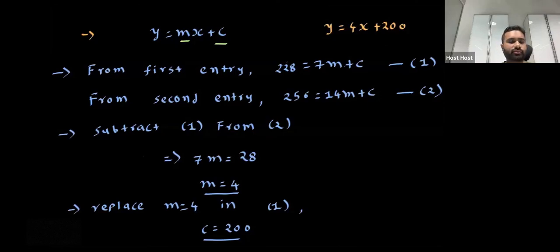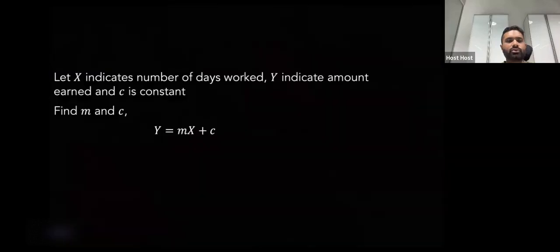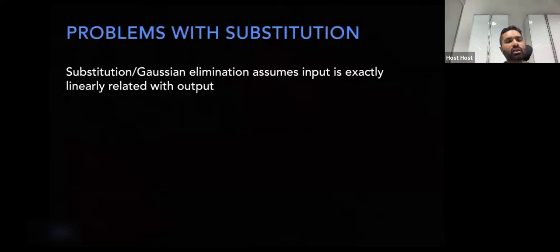The next question is, is this feasible in every case? There is a problem if we try to apply the same method, substitution or Gaussian elimination, every time. The problem is that it assumes the input is exactly linearly related with the output.